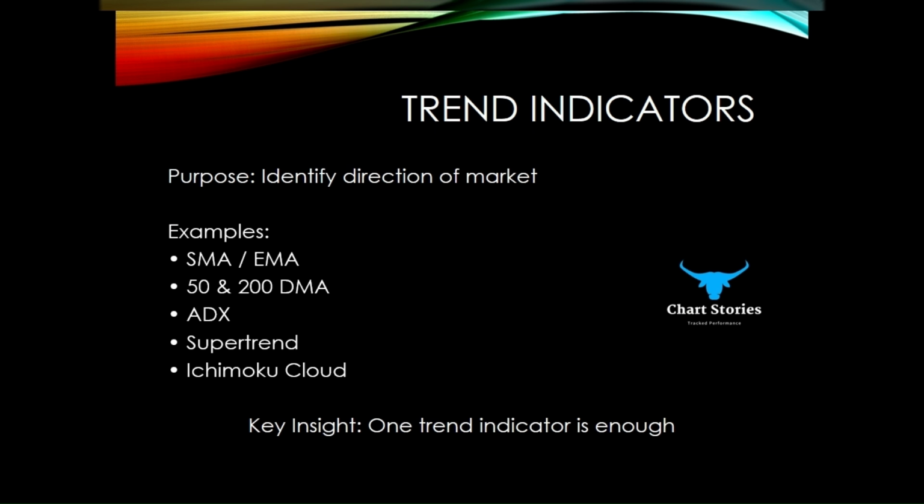Here is the key point. Using multiple trend indicators does not increase accuracy, it increases false confidence. One good trend indicator is enough. Trend answers one question: is the market up, down, or sideways?